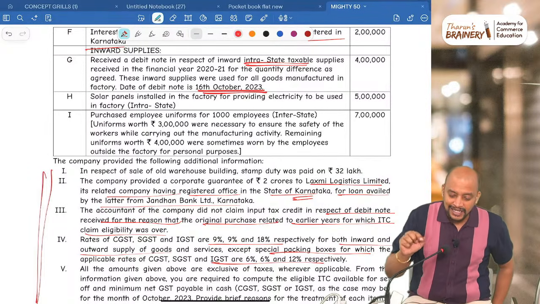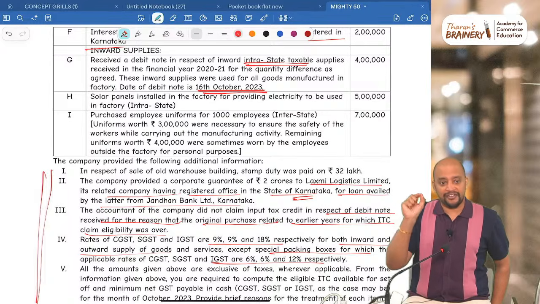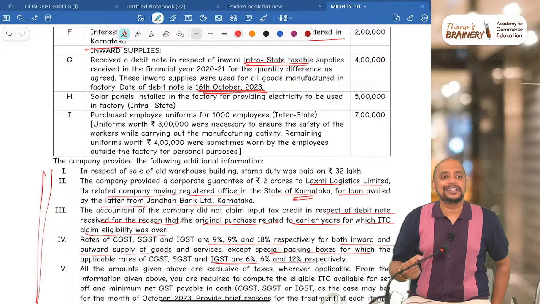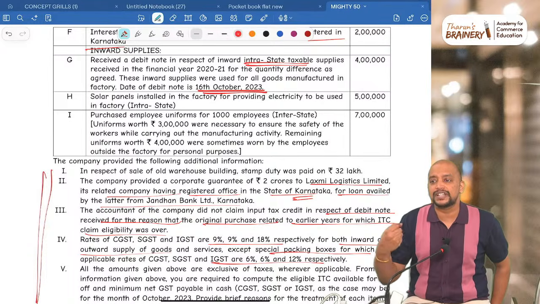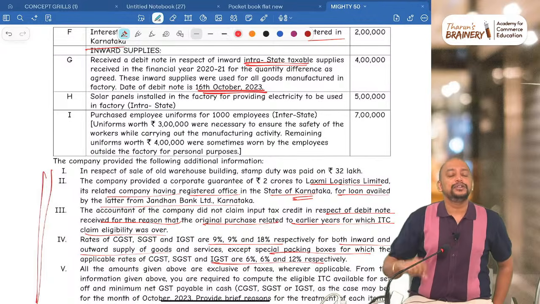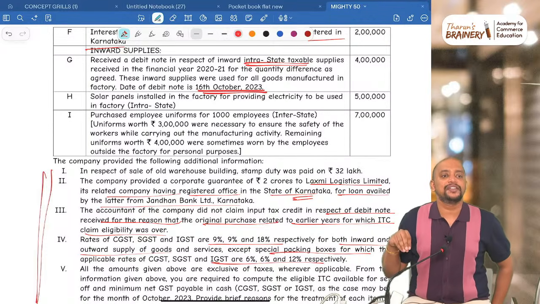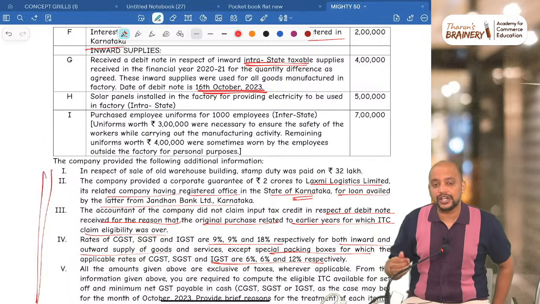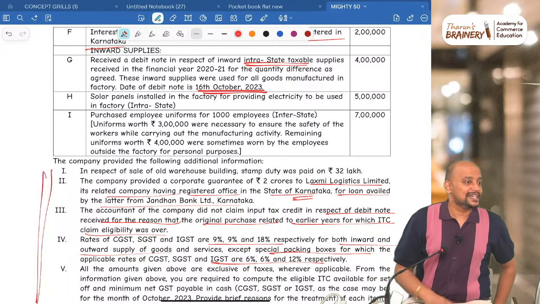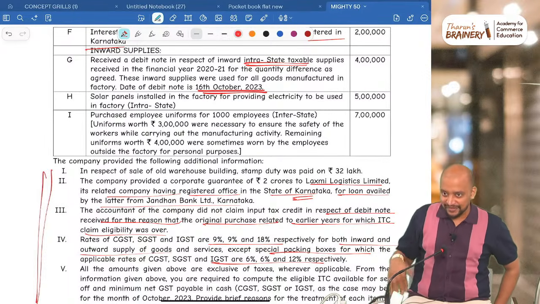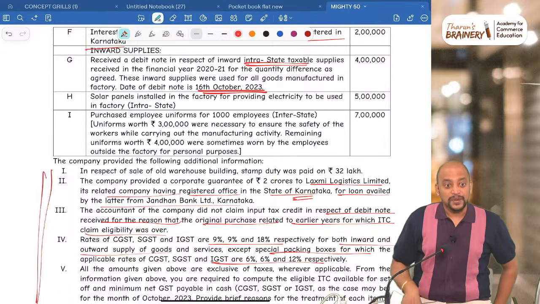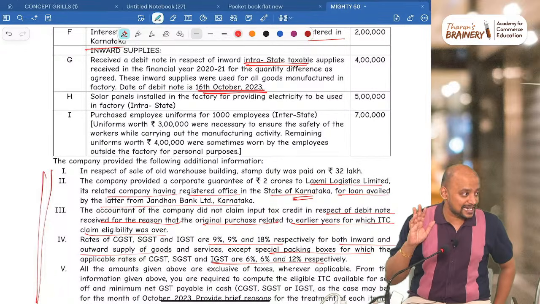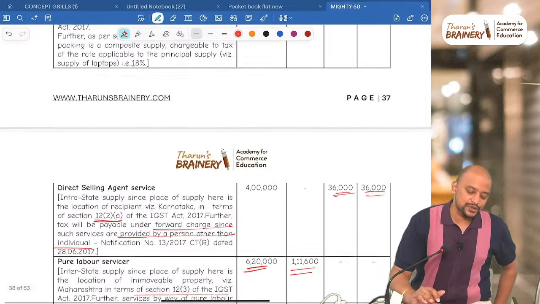So here they said it is used in the factory, but nowhere it is said it is used for the purpose of outward supply of goods or services. Due to that reason, they have not given the ITC. But this is based on one case law they made; in reality, ITC is available. But as the ICAI has given the answer like this, we need to take it like that.